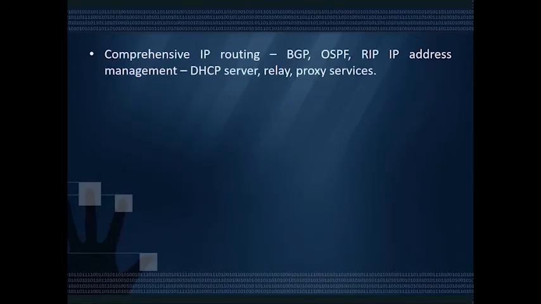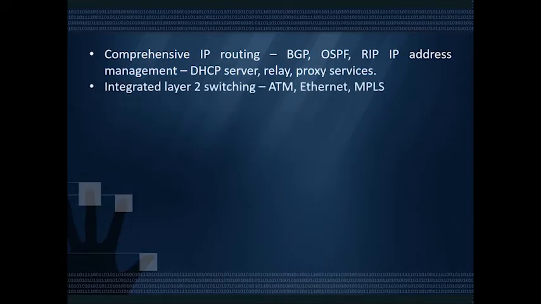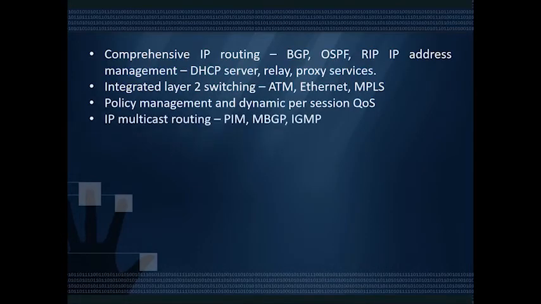Comprehensive IP routing: BGP, OSPF, RIP. IP address management: DHCP server, relay, proxy services. Integrated Layer 2 switching: ATM, Ethernet, MPLS. Policy management and dynamic per-session QoS. IP multicast routing: PIM, MBGP, IGMP.